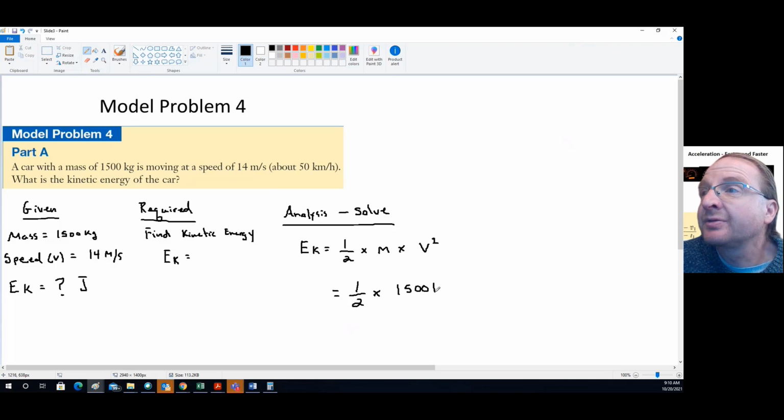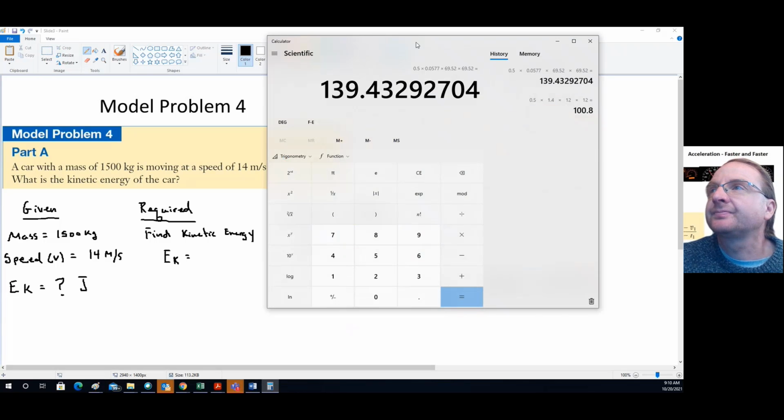1/2 times mass, 1,500 kilograms, and now our velocity squared. Again, slow yourself down. Make sure you're following what the formula says. 14 meters per second times 14 meters per second. Let's get the calculator out.